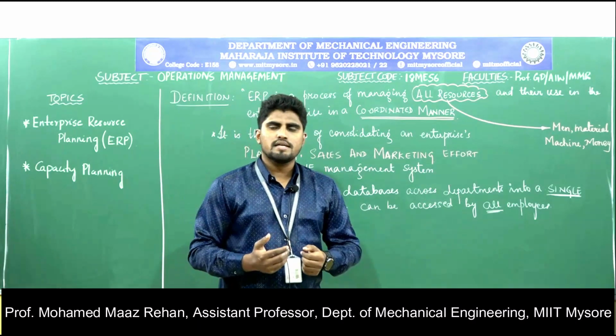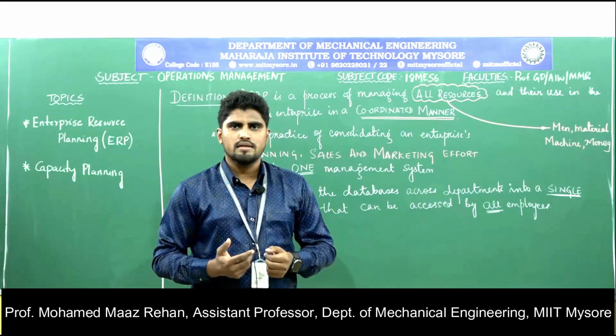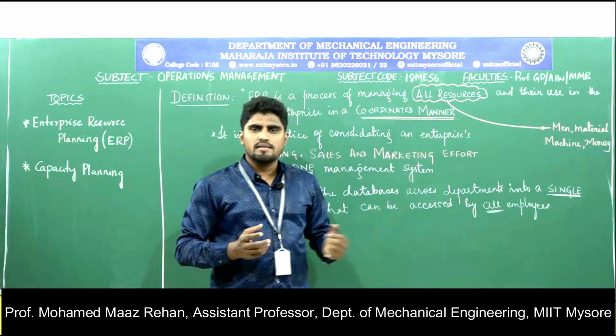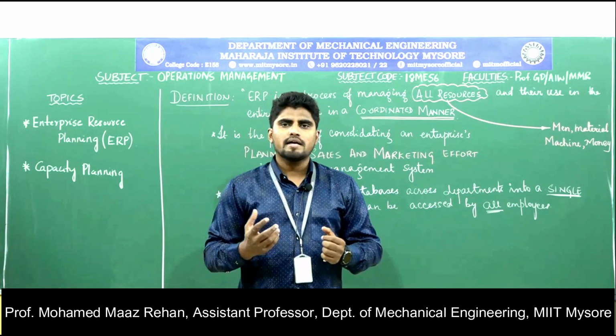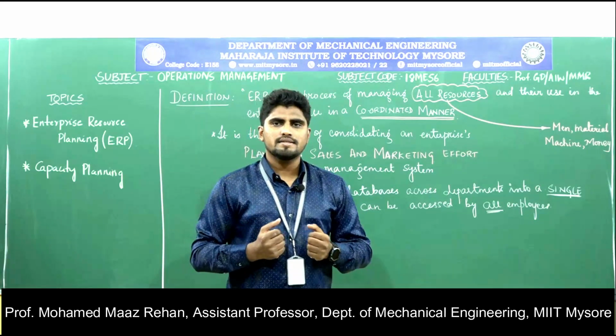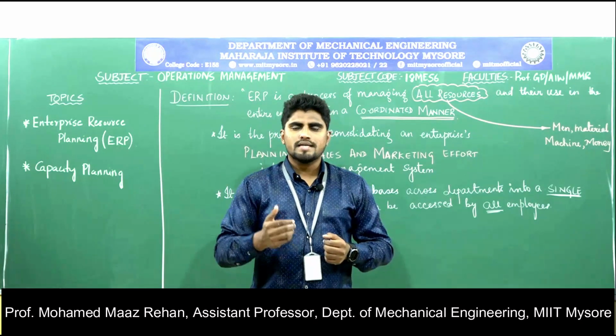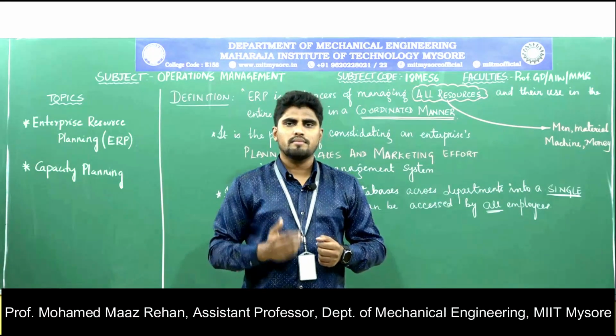In an organization we have various departments. These modules of the various departments are coordinated and combined to make one particular system. In the previous lectures, MRP was concerned with materials requirement planning.